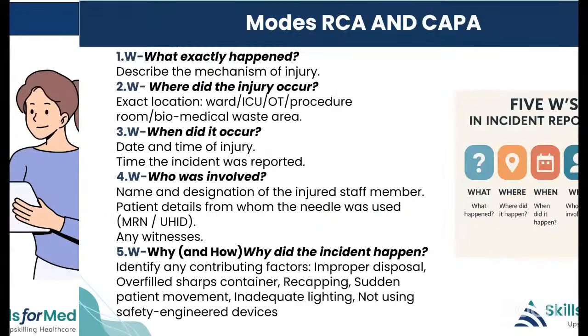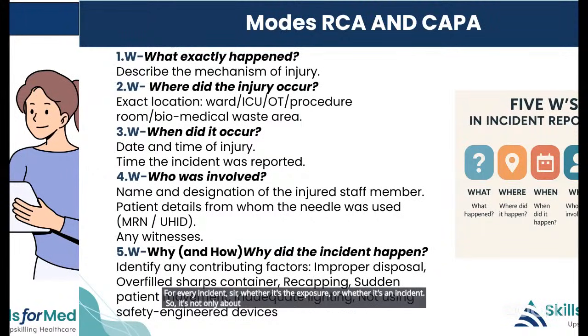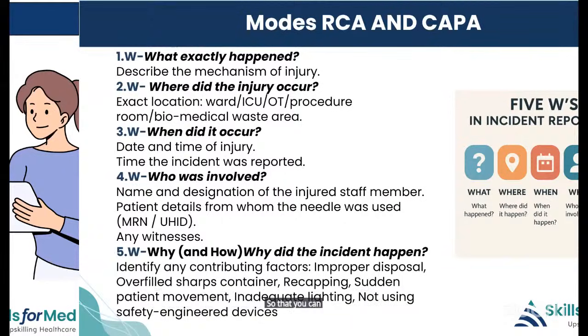For every incident, whether it's an exposure or otherwise, and not only about infection control, whatever incident is happening in the hospital, you should always ask why it happened, where it happened, who was involved, and what went wrong. That way you can come to a proper RCA and have proper corrective and preventive measures.